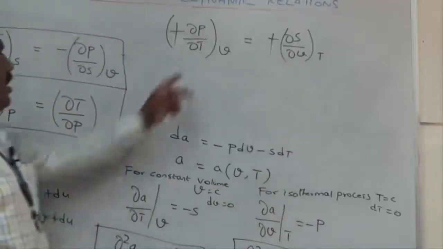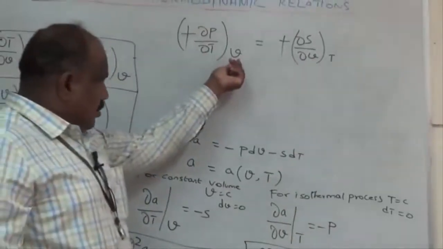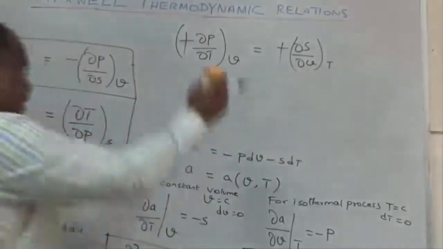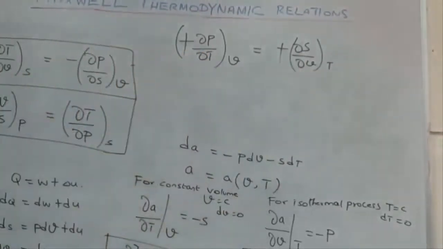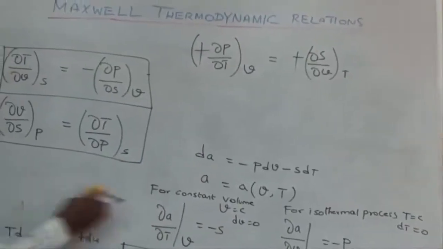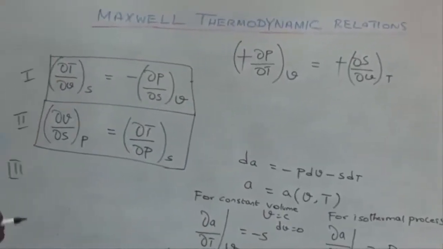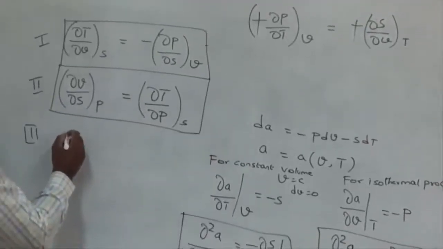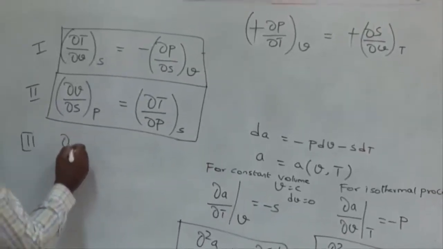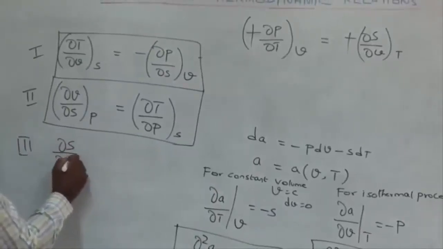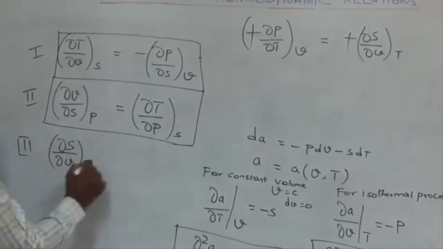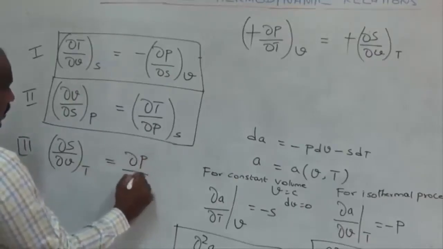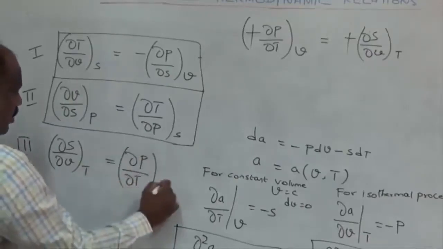This relationship is nothing but our Maxwell's third relationship. Let us write it here. Dou S by dou V at constant temperature is equal to dou P by dou T at a constant volume.